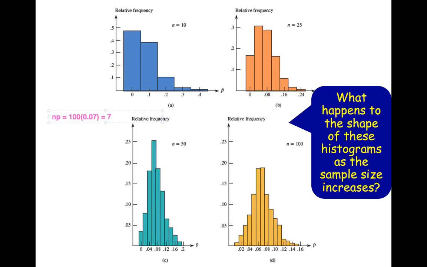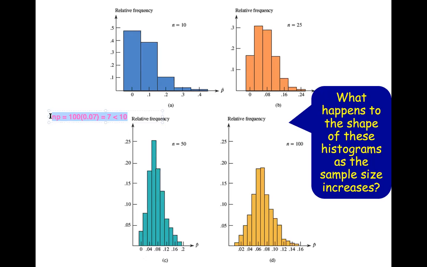So actually, this is not even high enough. Because that is less than 10, I would say, ooh, still not normal enough. And if you really look at the mustard yellow graph, yeah, it does look still a little bit skewed. So we need an even higher n to get that product to be higher than 10. So that condition is not satisfied in this case.